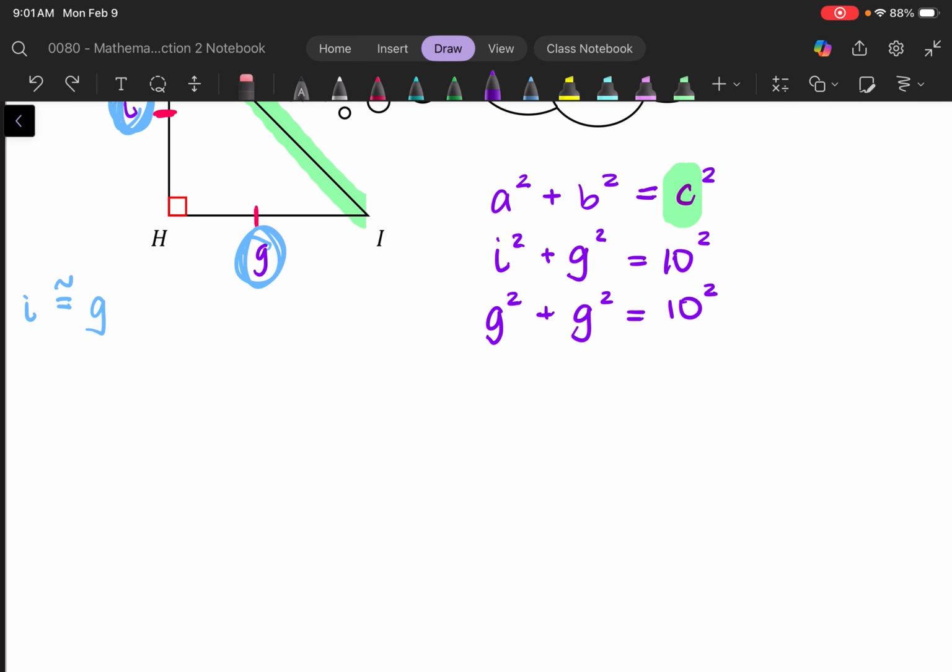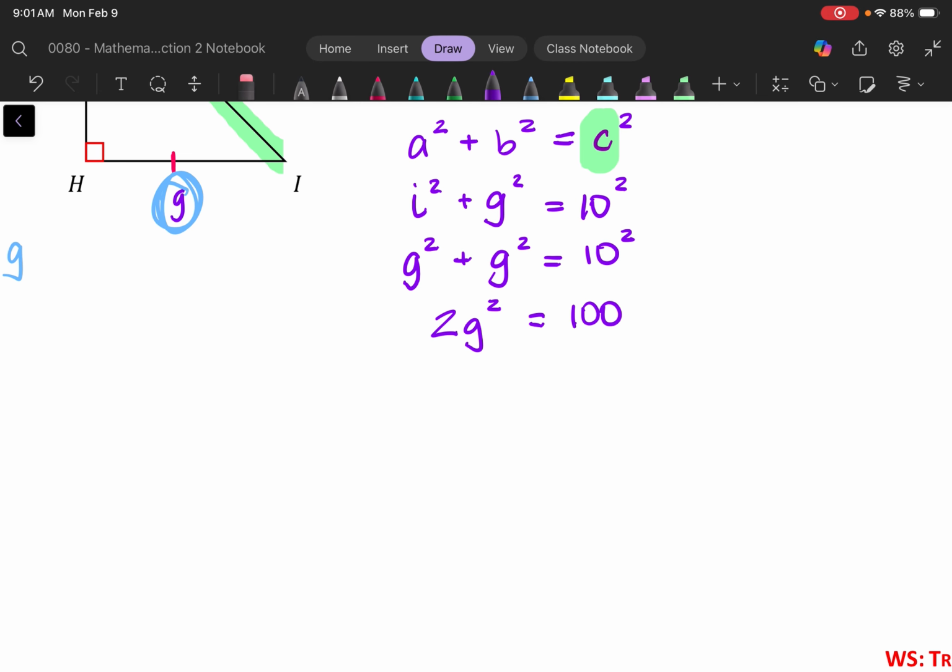Just like if I had G plus G, I'd have 2G, if I have G squared plus G squared, I have 2G squared equal to 10 squared. And what's 10 squared? You all know. It's 100. Now, I want to get G alone. Right now, G is being multiplied by 2, and it is being squared.